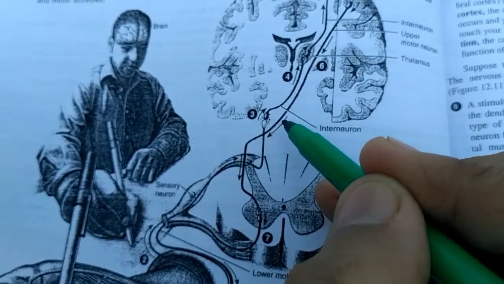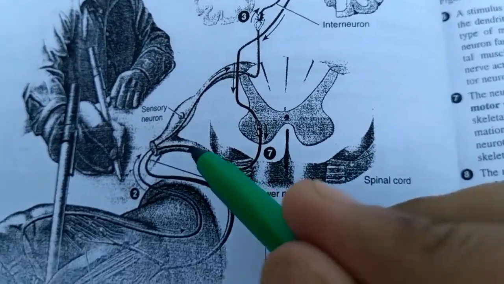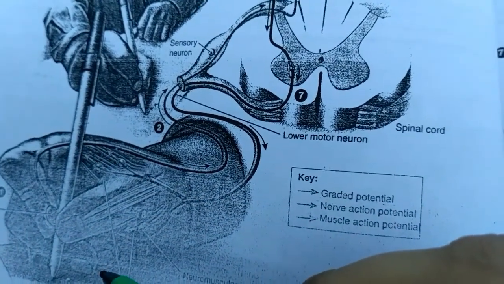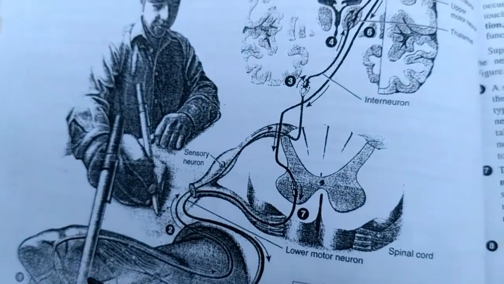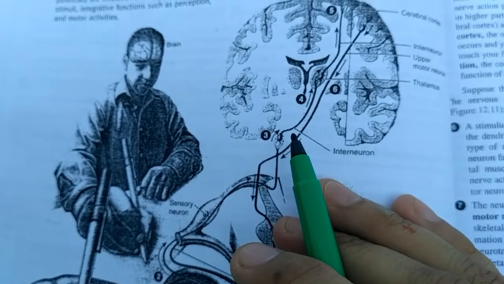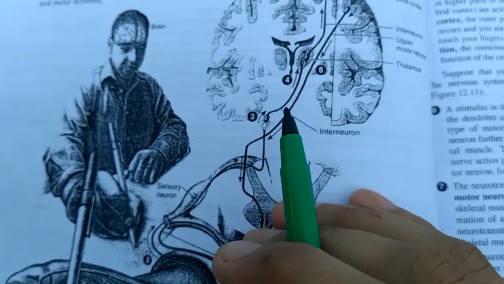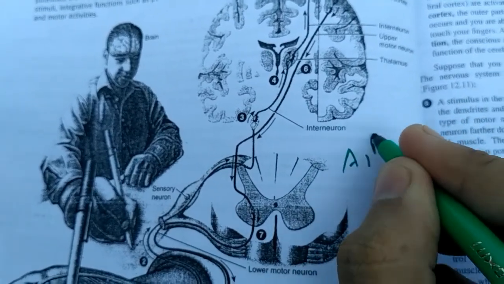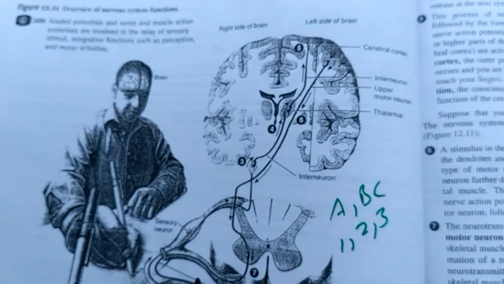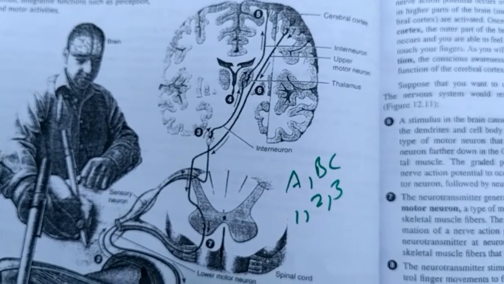The motor nerve impulse is then sent to the spinal cord by the motor neuron, and again sent to our fingertip. So here we sense what we are writing, because all our activities are framed in our brain from our childhood. We have learned our alphabets, such as ABC, 1 to 3, or any diagram or picture. So the nervous system is a very integrated type of process.